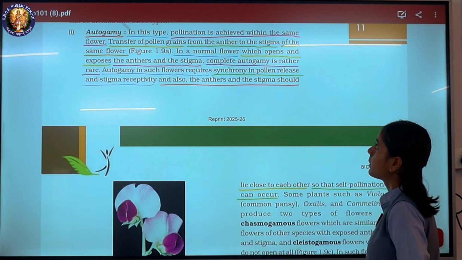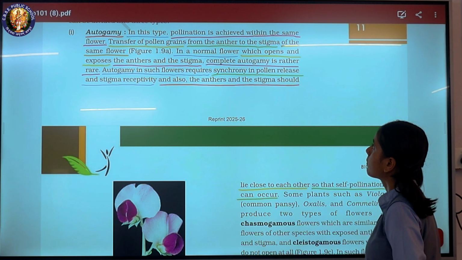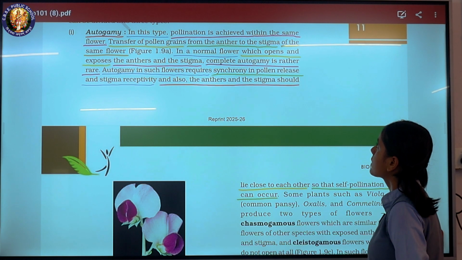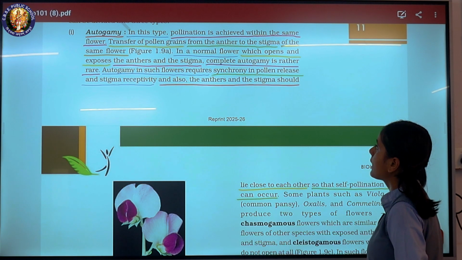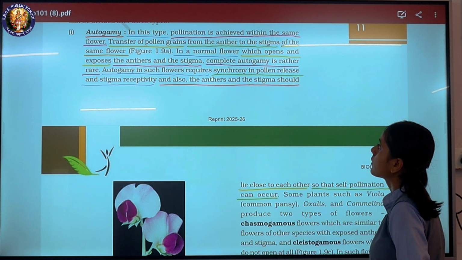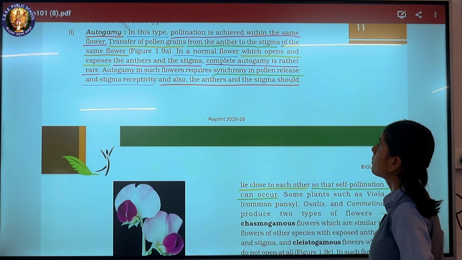Autogamy. In this type, pollination is achieved within the same flower. Transfer of pollen grains from the anther to the stigma of the same flower. In a normal flower, which opens and exposes the anthers and the stigma, complete autogamy is rather rare.